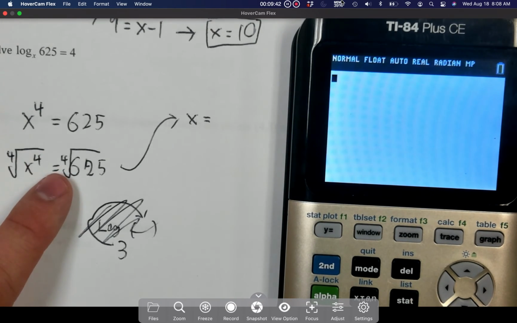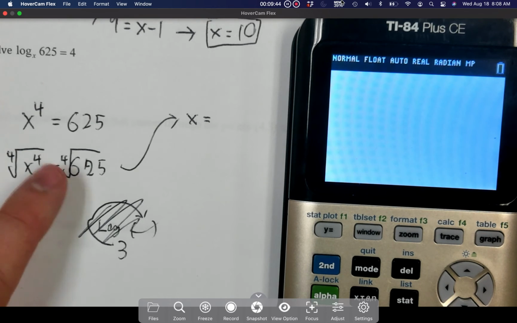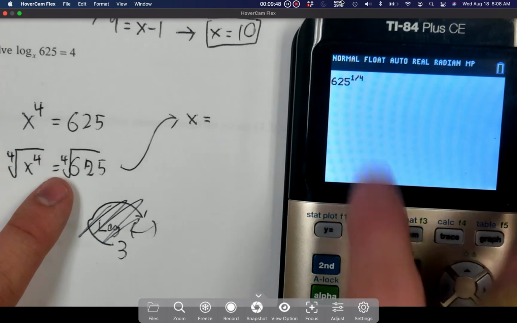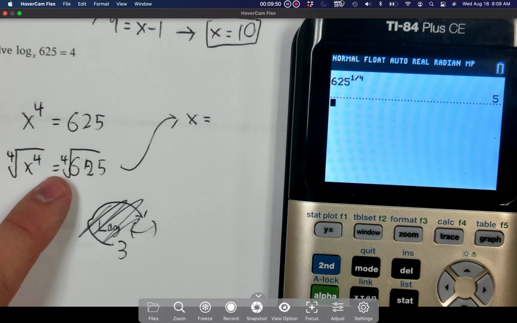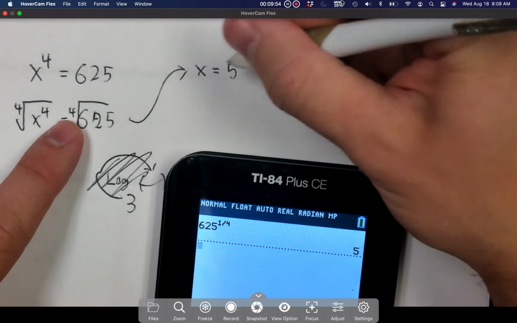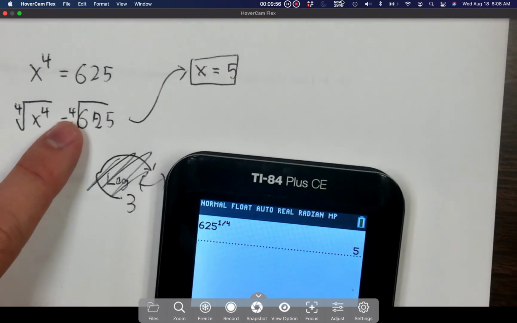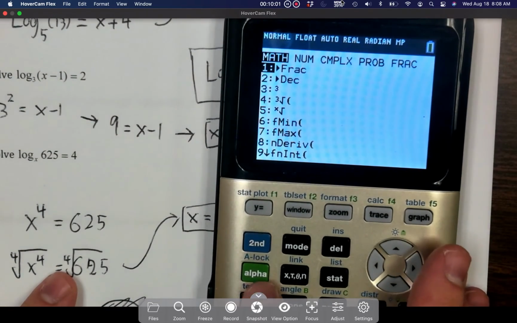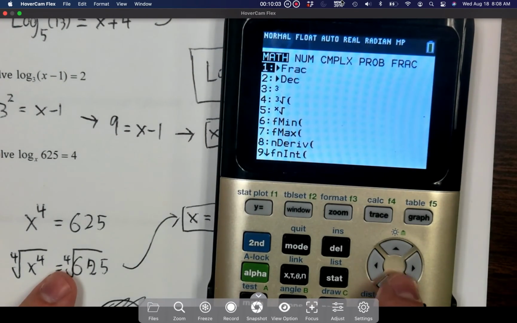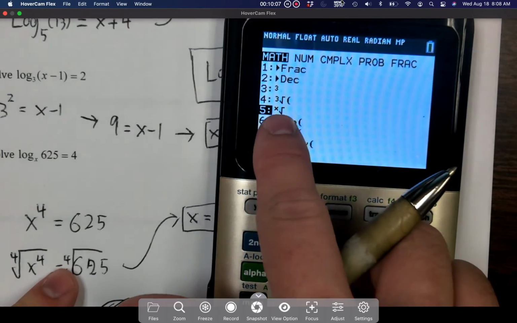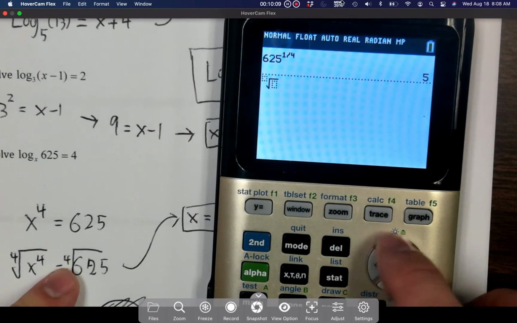So one way that I actually type in all these things is I don't use a root. If you hear that word 4th, that means it's really an exponent of 1 over 4. That's another way of taking a 4th root, an exponent of 1/4. But this calculator does have the ability to do that. If you press the math key and you scroll down to number 5, number 5 is saying some root, x root, your choice root.